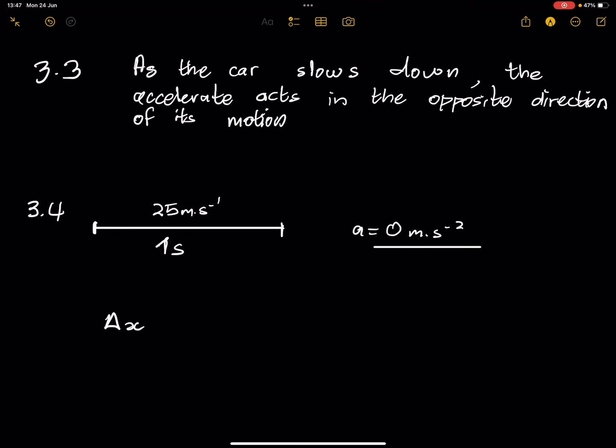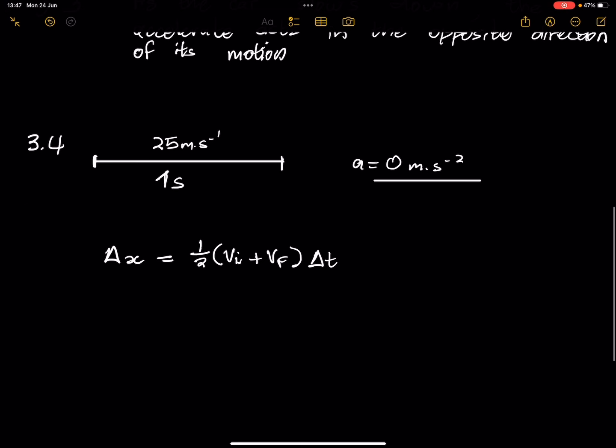Right, so I'm going to say, well, delta x, that's 1/2 times vi plus vf times delta t. Now note, in this case we said, because it's moving at constant speed, it means that initial and final velocity are exactly the same, right?